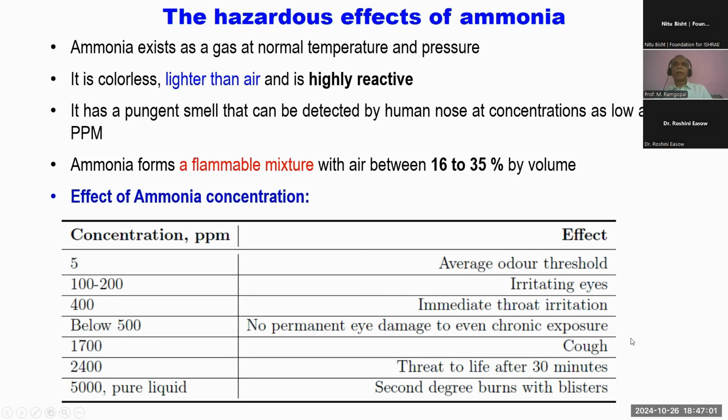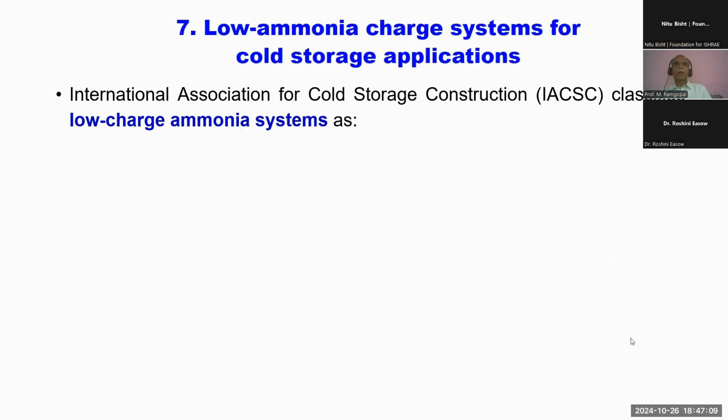So this means that the leakage has to be taken care of, and we also have to minimize the amount of ammonia used. So as a result, nowadays people talk about low ammonia charge systems, because we want to use ammonia as much as possible, because ammonia has all other advantages and it's an excellent refrigerant. And probably you know that this is the only refrigerant which is used continuously over the last 150 years.